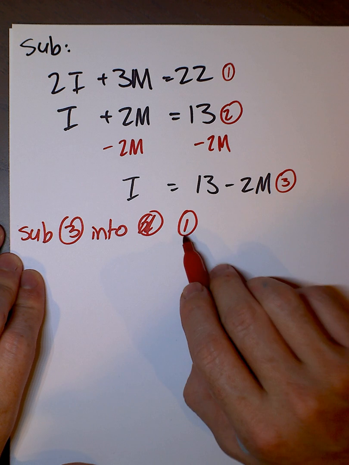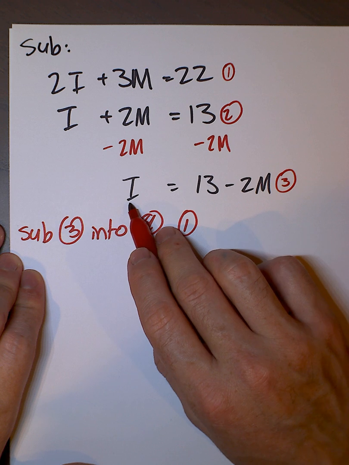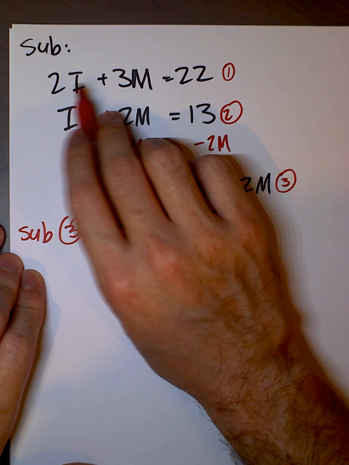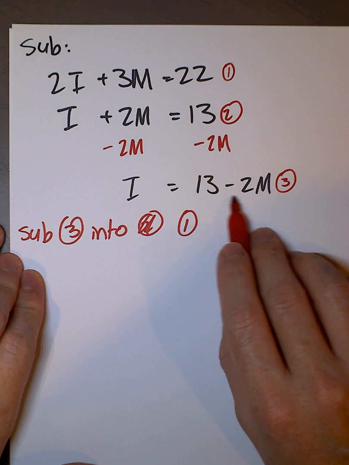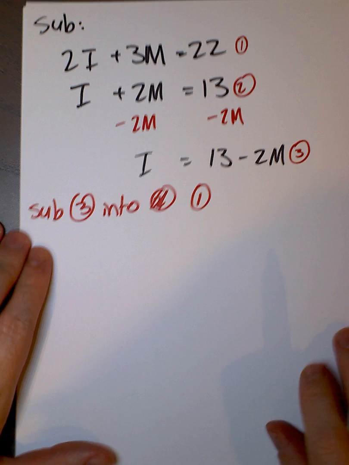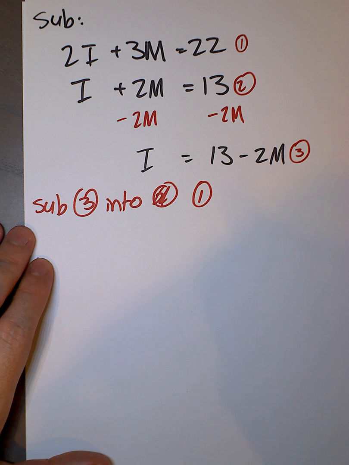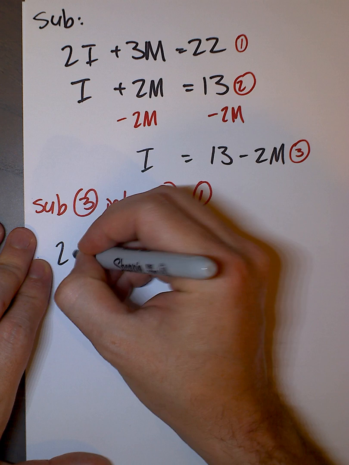If we put this I into equation 1, so whenever we see I, we're going to replace it, substitute, with this, 13 minus 2M. So, remember, substitute is just to replace. And we're going to put it in brackets. So, it's going to be 2 bracket.